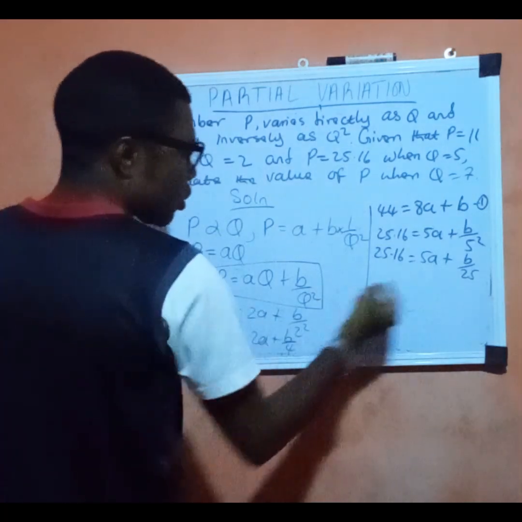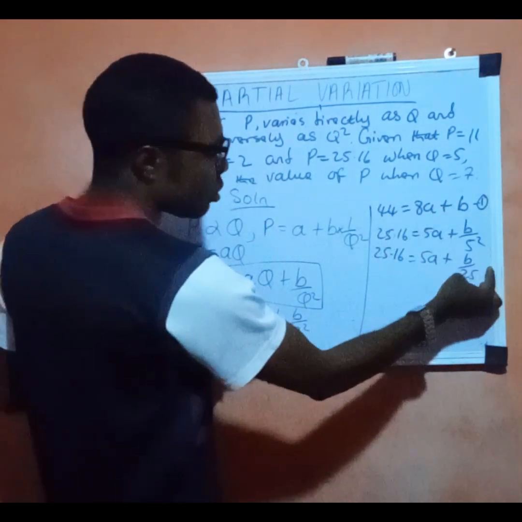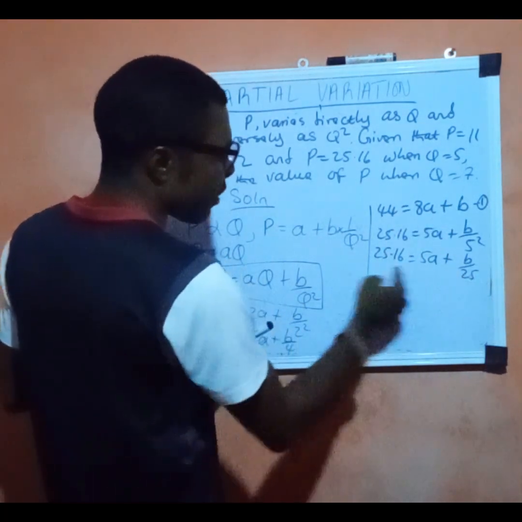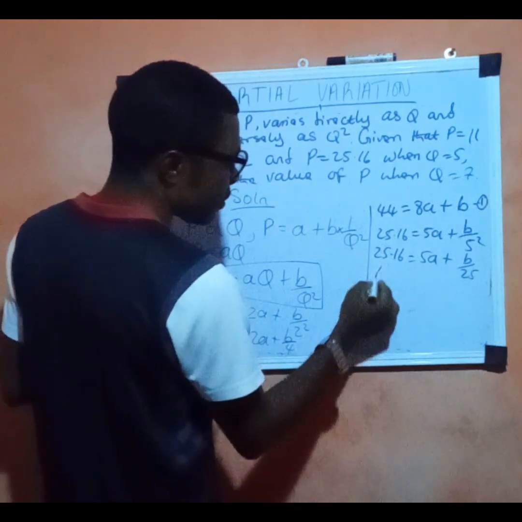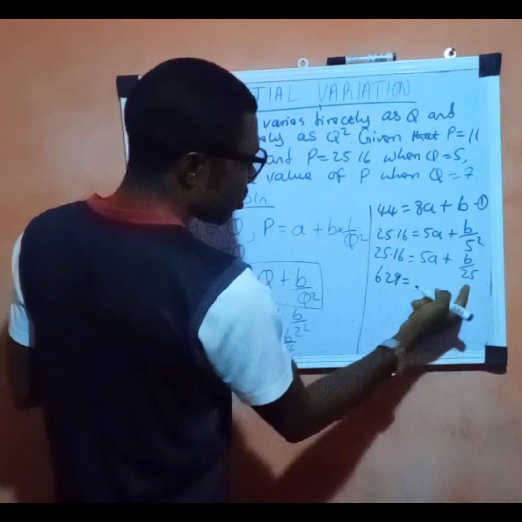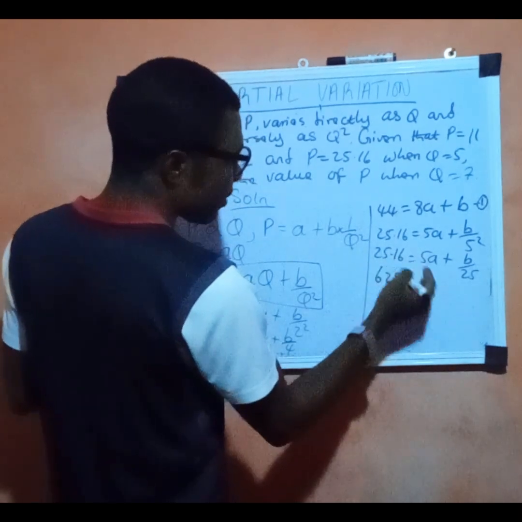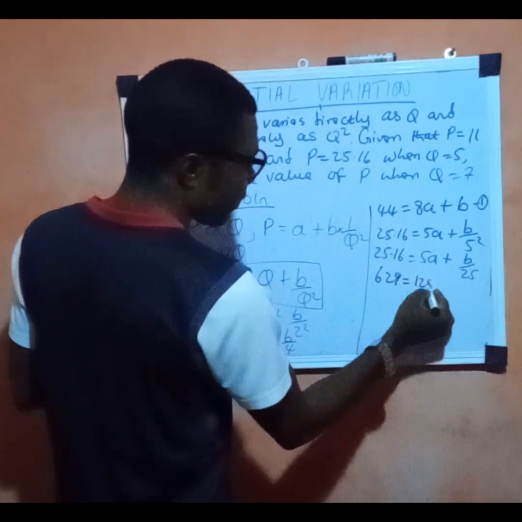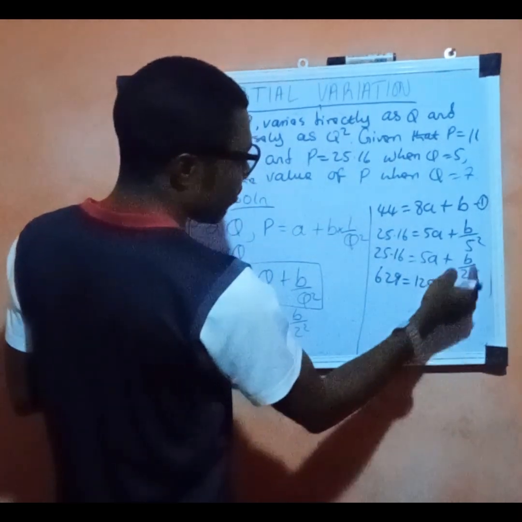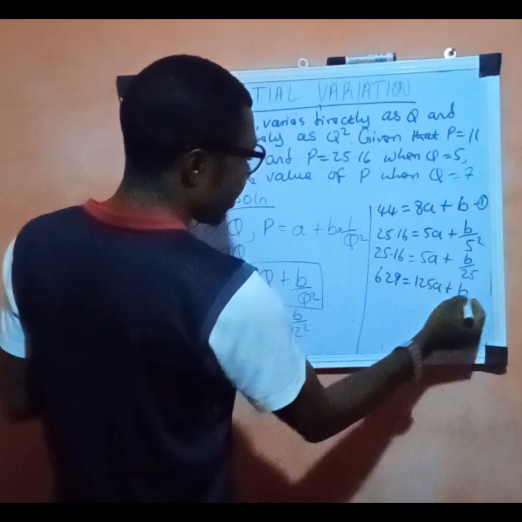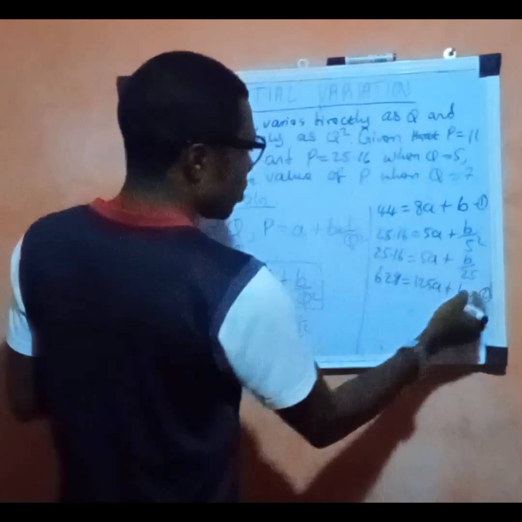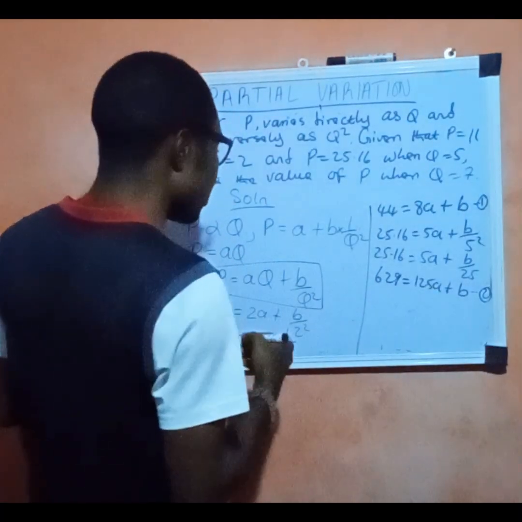Just like we did in the other one, we multiply through by 25. 25 multiplied by 25.16, we have 629 equals 25 multiplied by 5, we have 125A plus 25 multiplied by B over 25, we have B, because 25 will cancel 25. This is equation 2. So these are the two equations we are going to use.